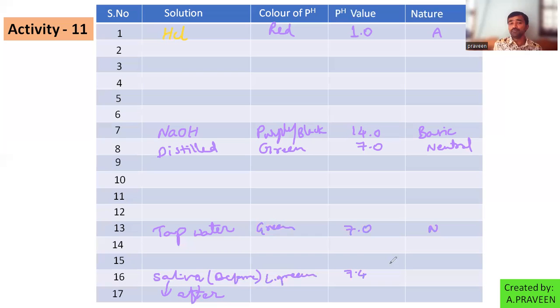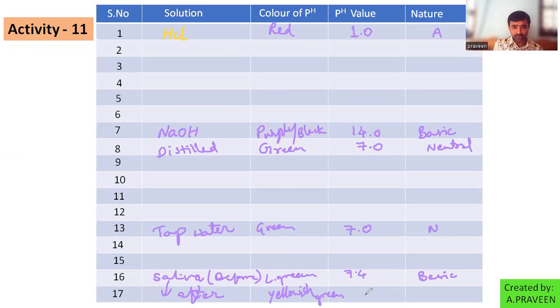Dark green is for pH 7. So at 7.4 it is mildly basic, near 7. Before meals saliva is basic in nature; after chewing food, after meals, it changes to acidic in nature, and its color is yellowish green.